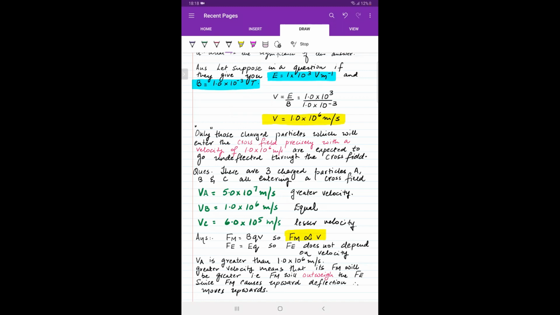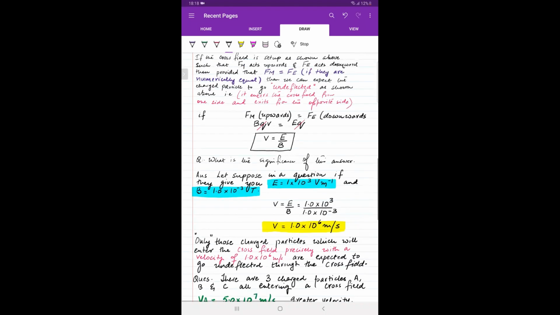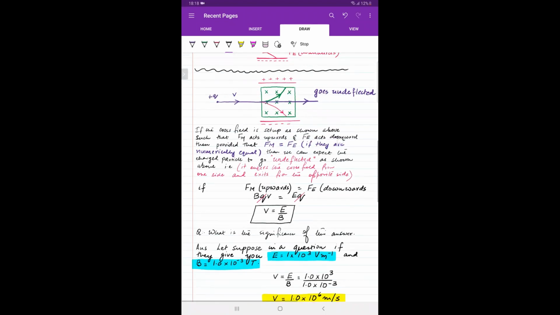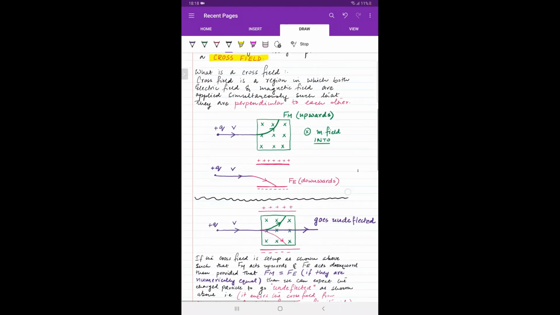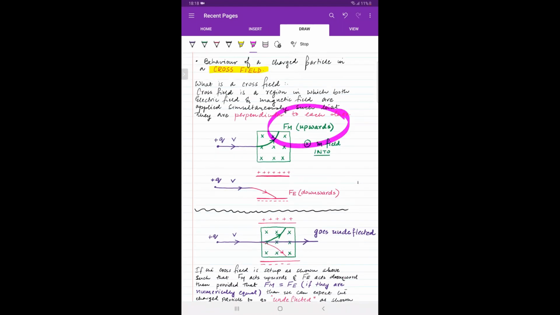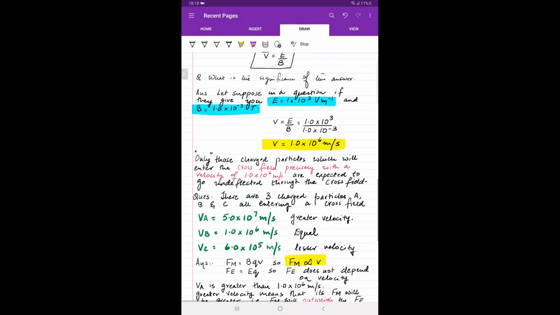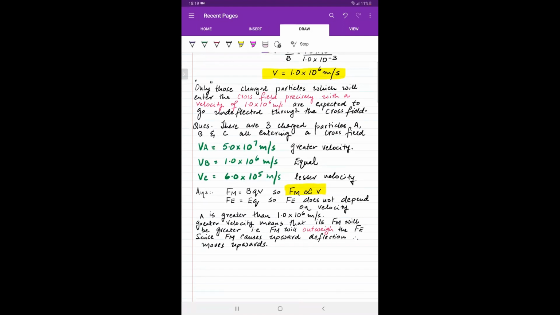ठीक है, I'm hoping कि आपको ओरिजिनल डायग्राम से याद है कि मैग्नेटिक फोर्स ऊपर लेके जा रहा था हमारे केस में। लेट मी शो दैट टू यू अगेन इफ यू वांट। आई जस्ट हाईलाइट इट ताकि आपको याद भी आ जाए। सो मैग्नेटिक फोर्स वाज रिस्पांसिबल फॉर अपवर्ड डिफ्लेक्शन and electrical was responsible for downward deflection. So keeping that in mind, keeping हमारा diagram into consideration, मैंने ये लिखा है कि VA is greater than the benchmark value.